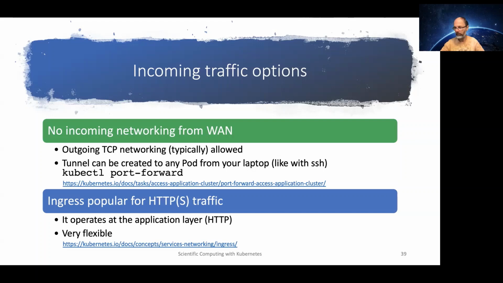And typically, most clusters have an option to expose that to the outside world. So if you get the right permissions, you can stand up a web server inside your Kubernetes cluster and access it from anywhere in the world. Again, I'm not going into details. This is an advanced topic. I don't have the time. There's the link.